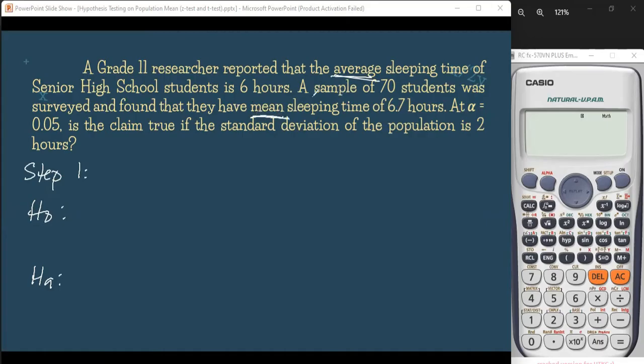O, parehas lang naman po silang average or they are just synonymous with each other. However, dito po sa mean sleeping time of 6.7 hours, 6.7 hours galing po siya kay 70 students. Unlike kay average sleeping time na 6 hours, galing po siya kay senior high school students. So, ibig sabihin, ang kukunin po nating value is si 6 hours.